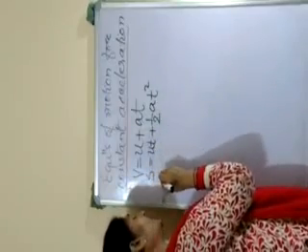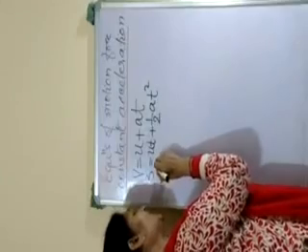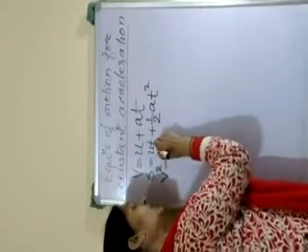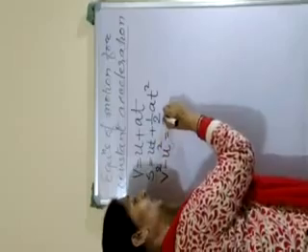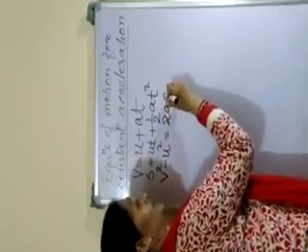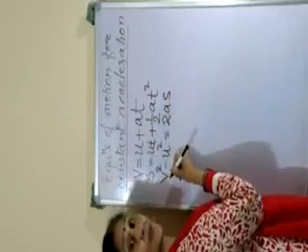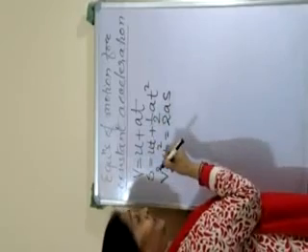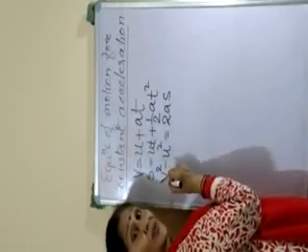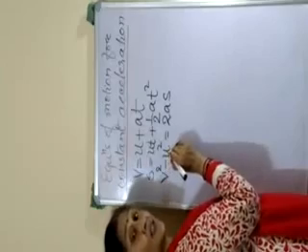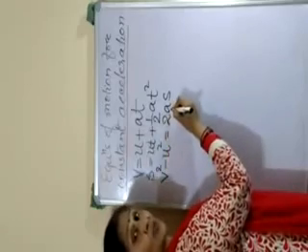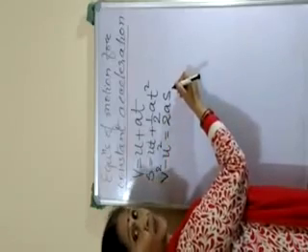And the third equation we use is v square minus u square equals 2as. v is final velocity, u is initial velocity, a is constant acceleration and s is displacement.